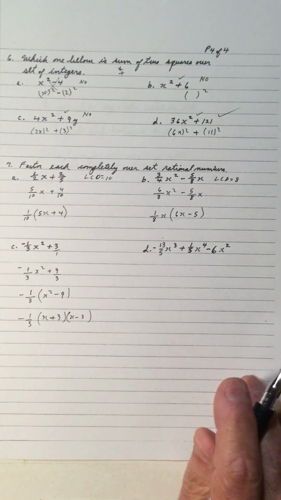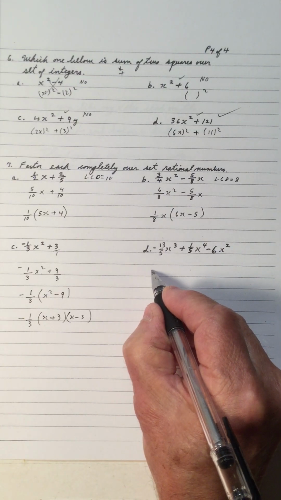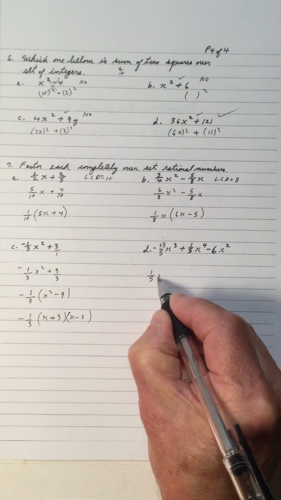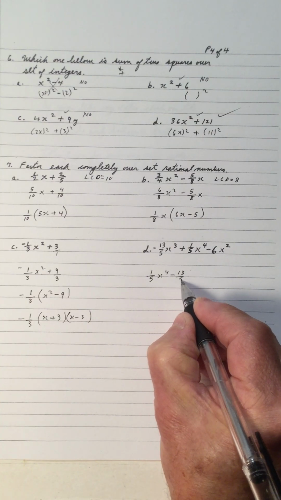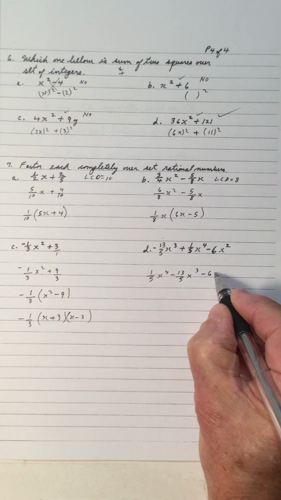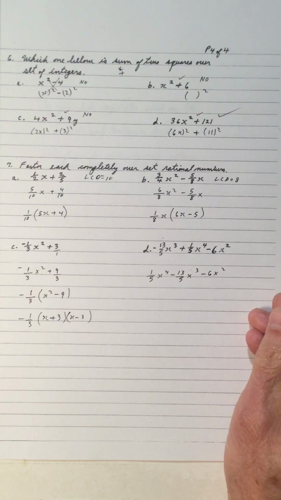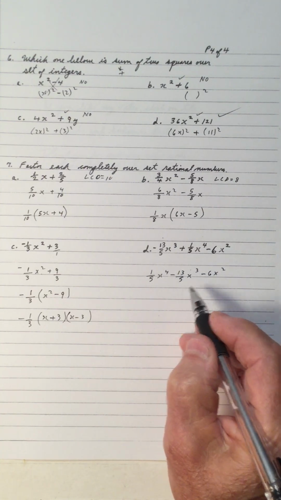And the last one on this review, we have to go with descending order. So we got 1/5 x to the 4th minus 13 over 5 x cubed minus 6x squared. So we got 4, 3, and 2, everything.